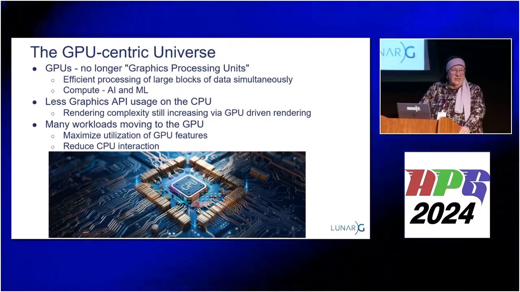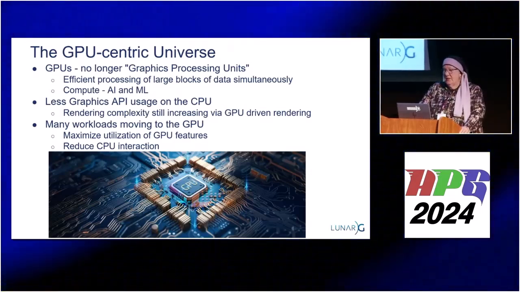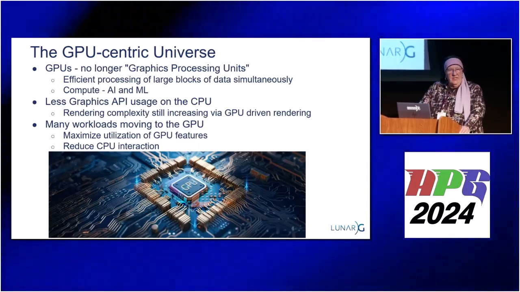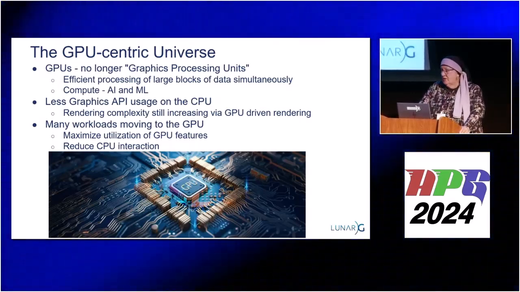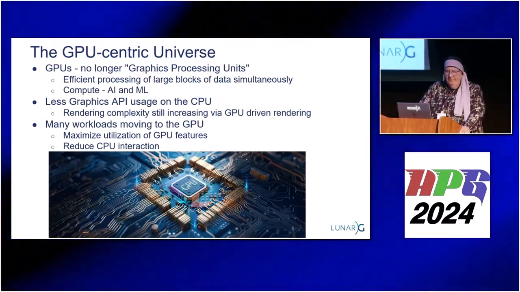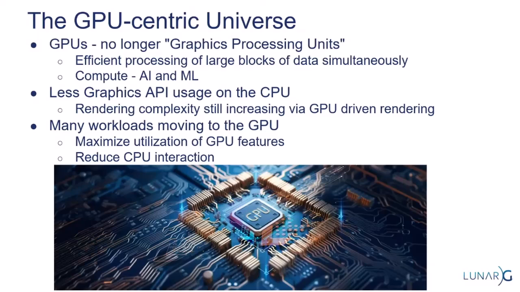The GPU-centric universe. So GPUs, they're no longer graphics processor units. They're very specialized hardware, very efficient, processing large blocks of data with a lot of parallelism. And hence, they're being used for compute. How many presentations did I see that you guys were using the GPUs for compute?